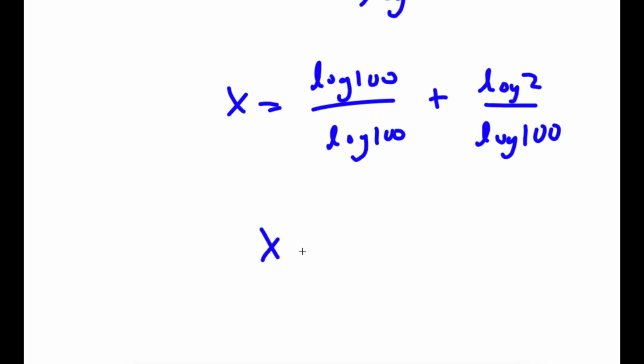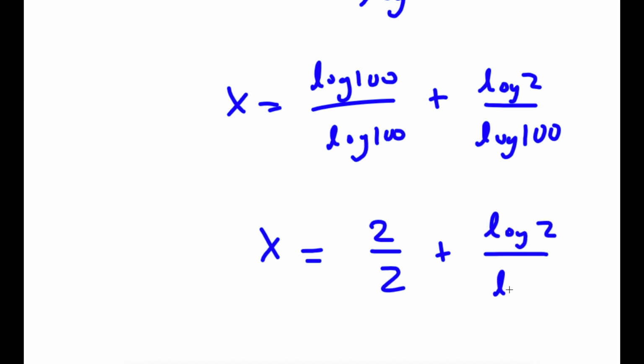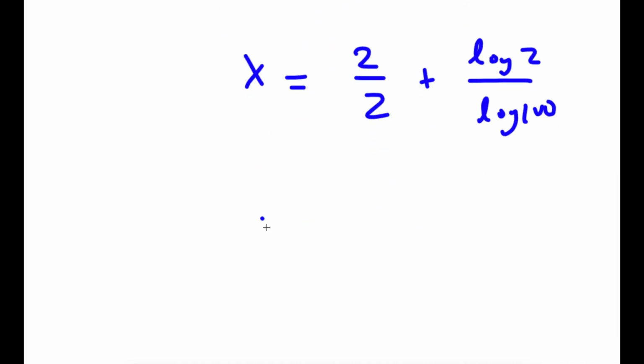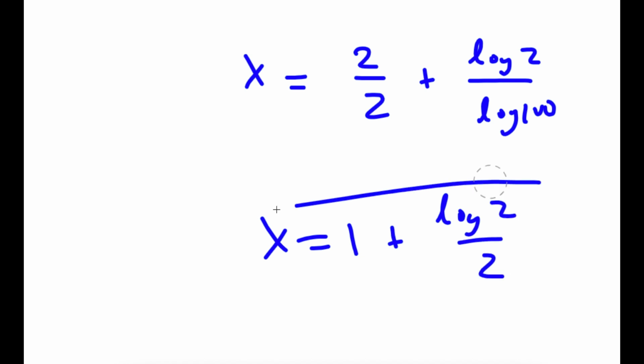Now log 100 is simply equal to 2. So I have 2 over 2 plus log 2 over log 100, which is equal to 1 plus log 2 over 2.